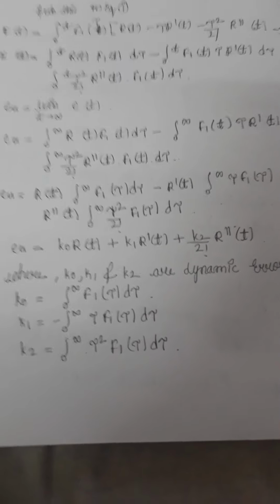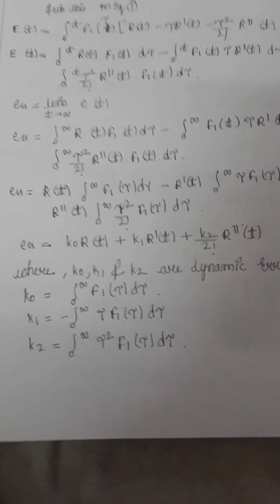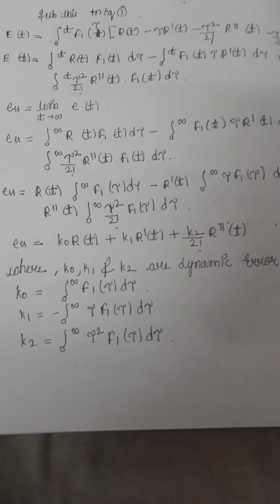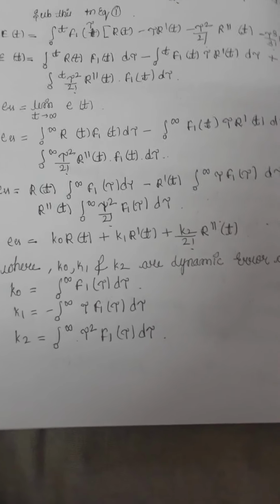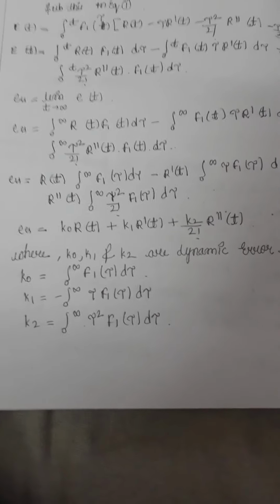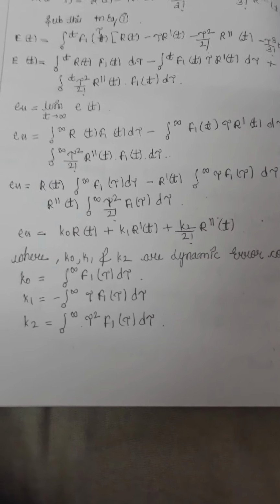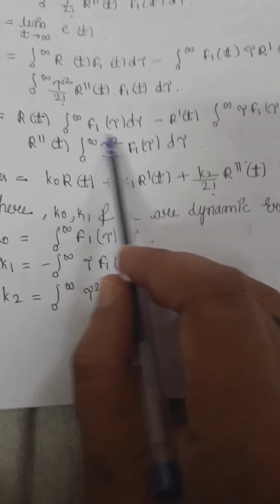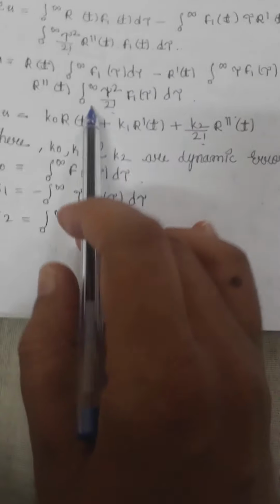The integration from 0 to infinity of r(t) f1(tau) d tau minus, similarly, the next terms like this. Again, finally simplifying this, you will get e_ss, wherein we replace this by one constant, this by a second constant, and this by a third constant.